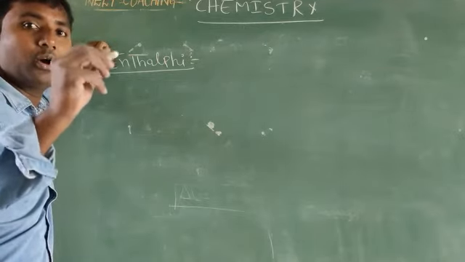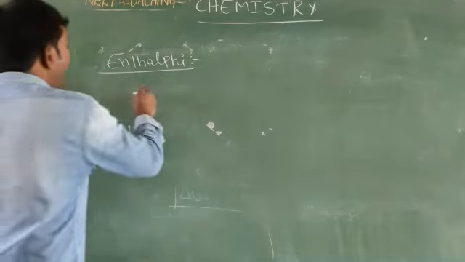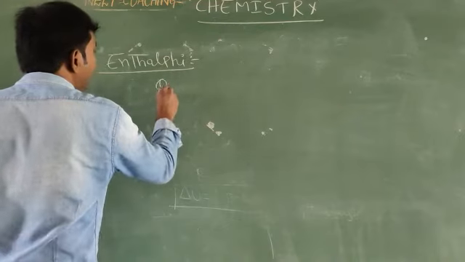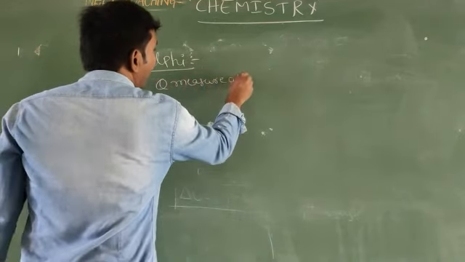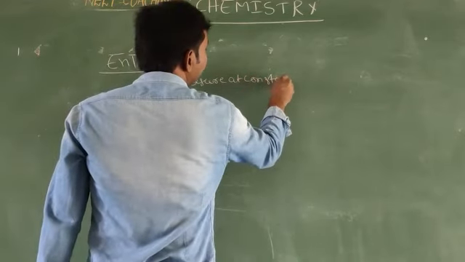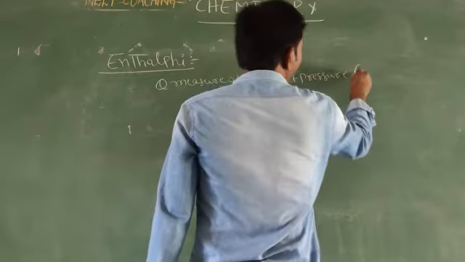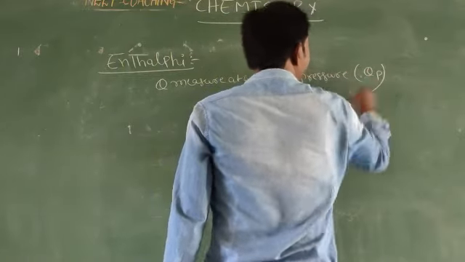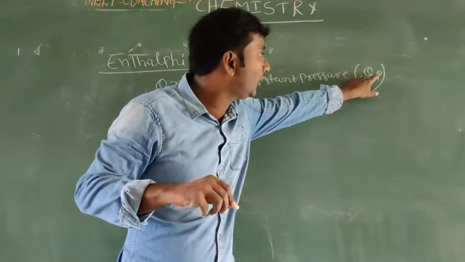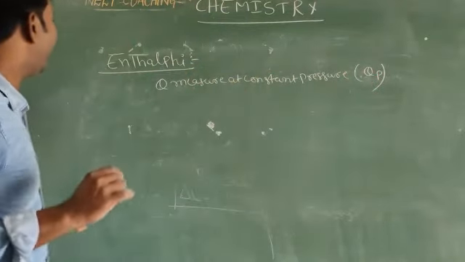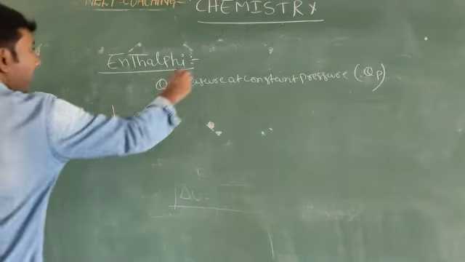So Q_P means heat measured at constant pressure. Enthalpy is represented by H.